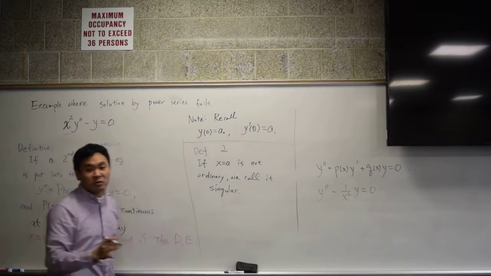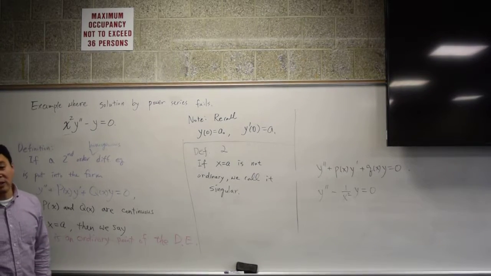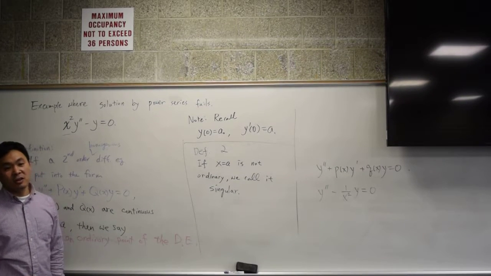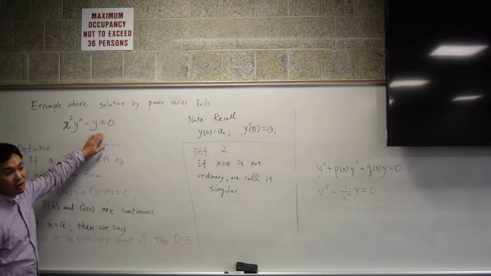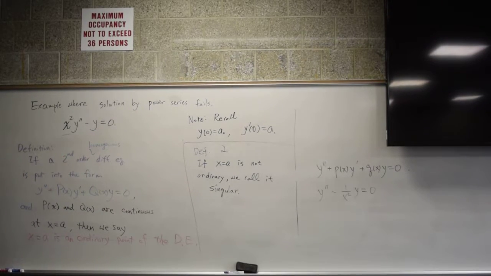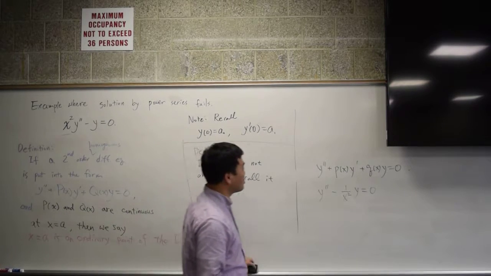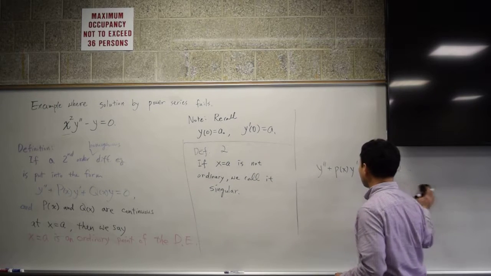So in other words, the opposite of ordinary is singular. So for a given differential equation, a value of x could either be ordinary or singular. In most cases, the values are ordinary and you have just finitely many singular, although you could have some sick example where you have many singular points. But we don't even consider that.